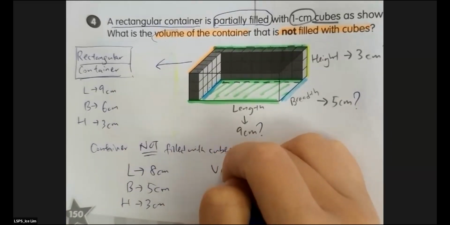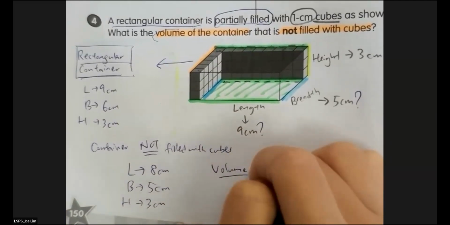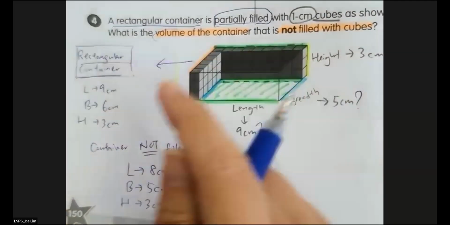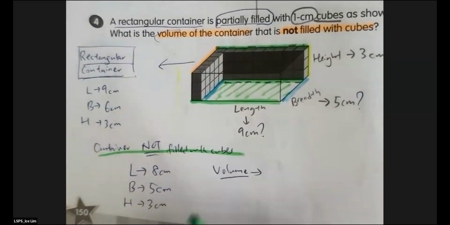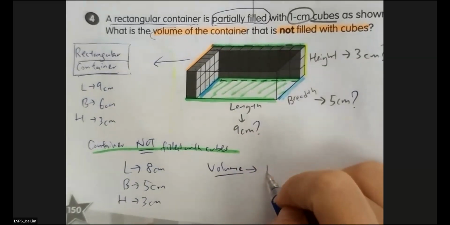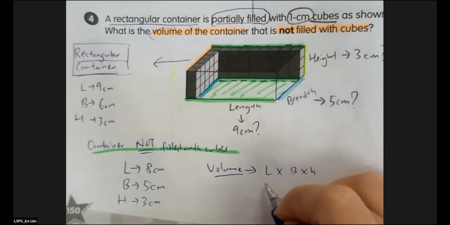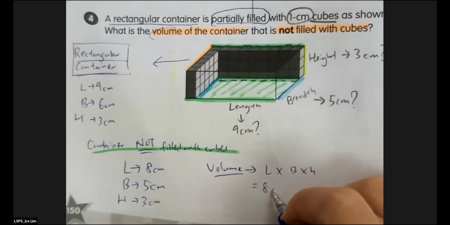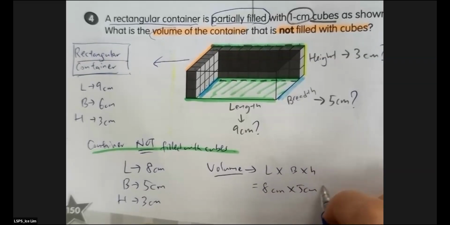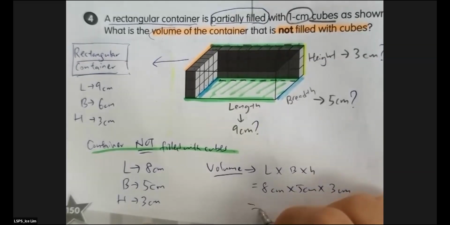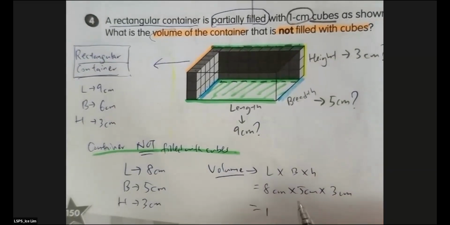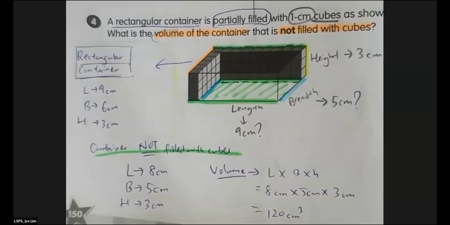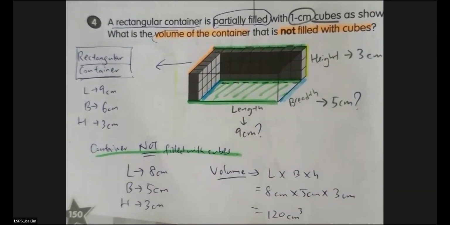So, the volume of the container when it's not filled with cubes is length times breadth times height, which is 8 centimeter times 5 centimeter times 3 centimeter. That's 40 times 3, that's 120 cubic centimeters. Can you understand? Okay, move on to the next question. That's here.